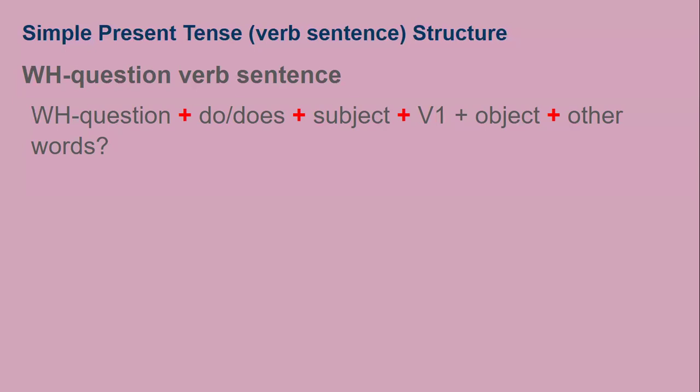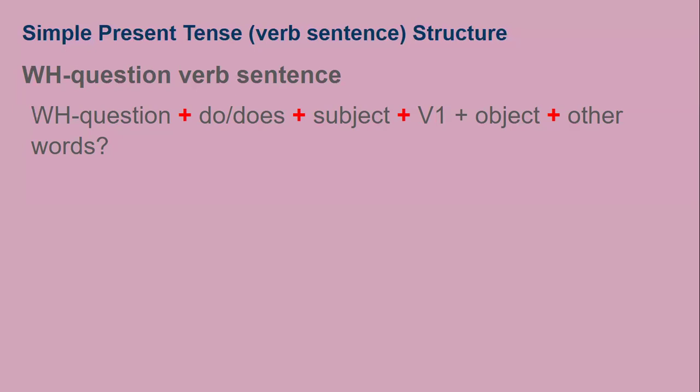And then once we're done with that, we then need to put our verb in its infinitive first form or original form. We do not do anything to our infinitive verb. We do not add es or ies or s. We leave it in its original infinitive form. After that, we need our object, which is the person or the thing that is getting the action.